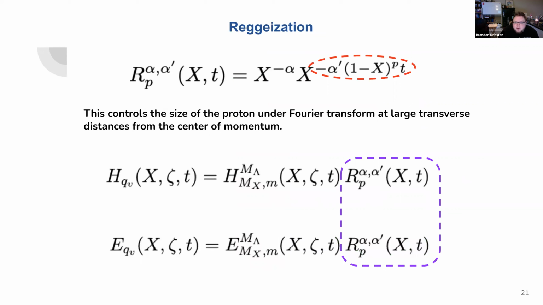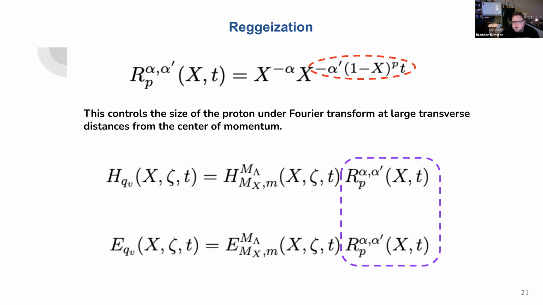Now, it should be noted that the spectator diquark model, the scalar diquark model, doesn't actually produce the correct low x behavior of PDFs on its own. This has been known for quite a while.